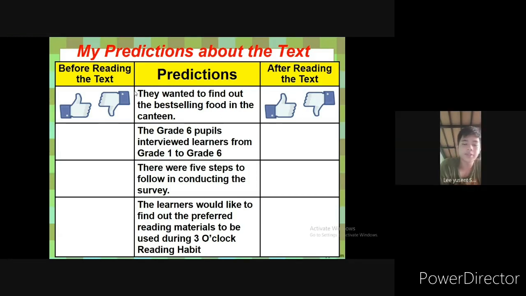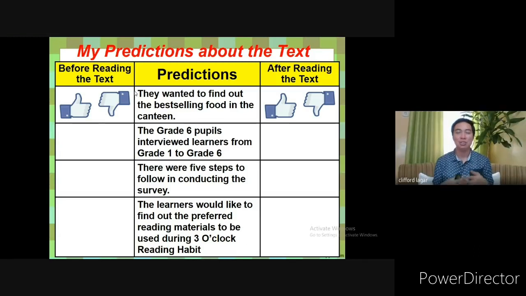Because based on the text, they found out what the learners want to read. Correct. So they wanted to know what kind of material the learners would like to read. Very good. Now, Jones, the grade 6 pupils interviewed learners from grade 1 to grade 6. Thumbs up or thumbs down?